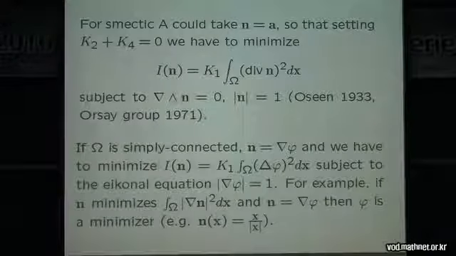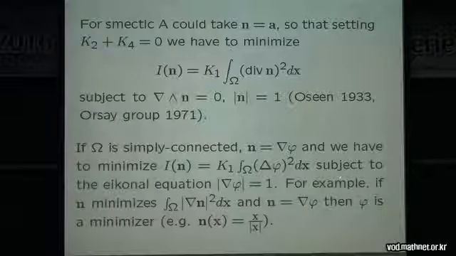Okay, so that's the sort of most primitive model of smectics. Now, if omega was simply connected, that would mean that n was the gradient of some phi, and then you'd have to minimize the integral of the Laplacian of phi squared, subject to the eikonal equation that the gradient of phi has unit length. So that does have some solutions.